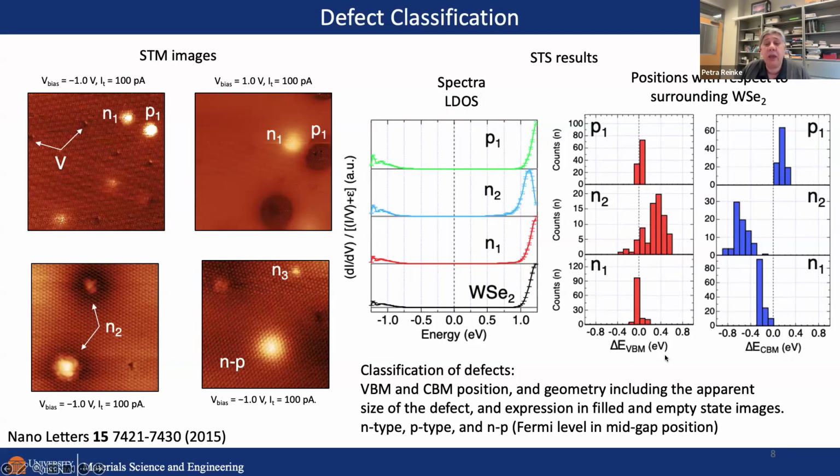And let me clarify, we display this as a change of valence band or conduction band position compared to the tungsten diselenide which is around that particular defect. So all these values are determined within one single image and within one single map, which takes out of the interpretation the question of local variability within the spectroscopy data sets.